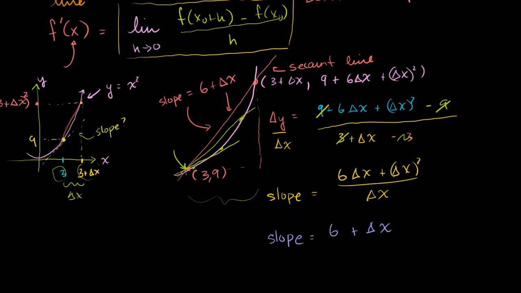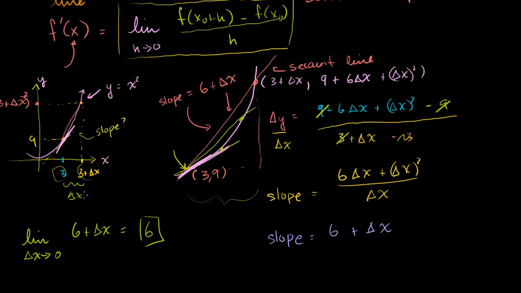Then we're getting pretty close to the slope of the tangent line, the thing right here that I want to find the slope of. So let's find the limit as our delta x approaches 0 of our slope of the secant line, 6 plus delta x. This is pretty straightforward. You could just set this equal to 0, and it is equal to 6.